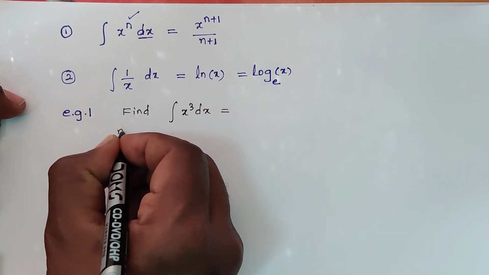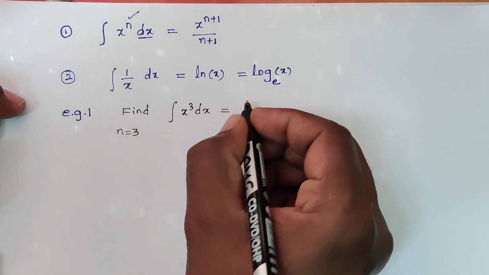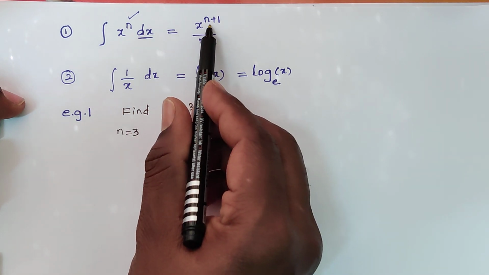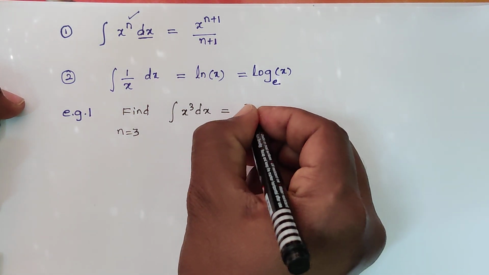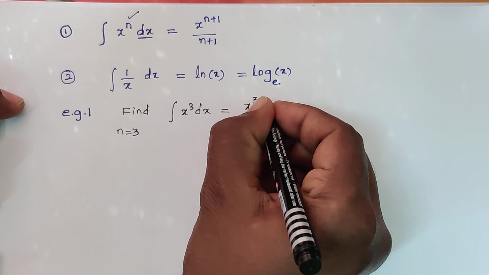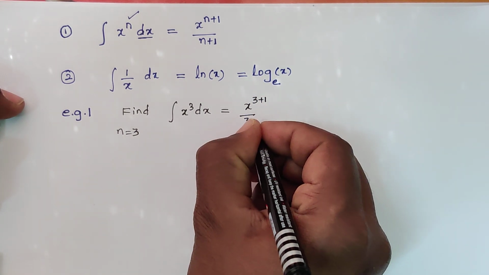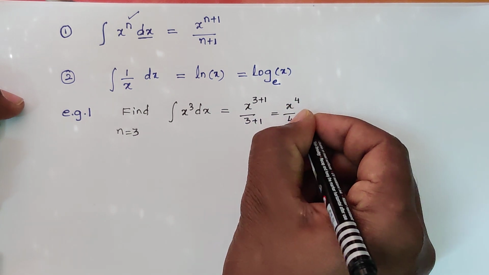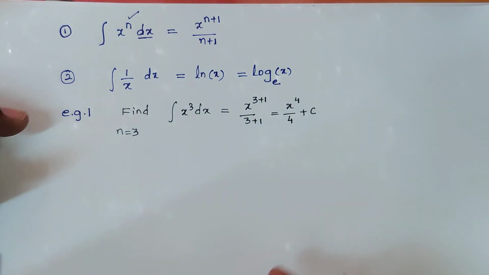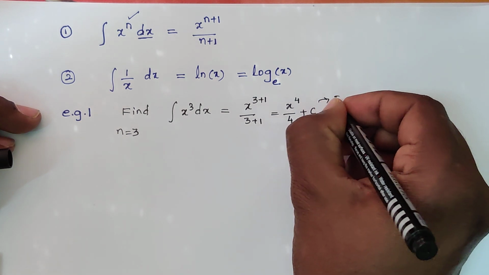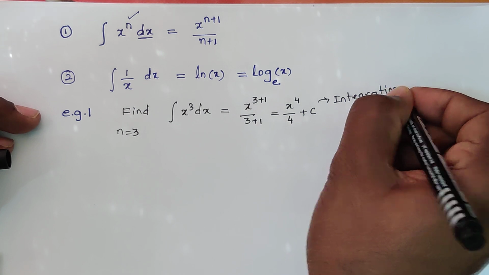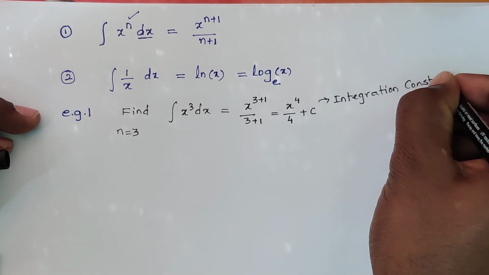So our formula is x to the power of n plus 1 by n plus 1. So x to the power of 3 plus 1 by 3 plus 1, that equals x to the power of 4 by 4 plus some constant c, where c is called the integration constant.